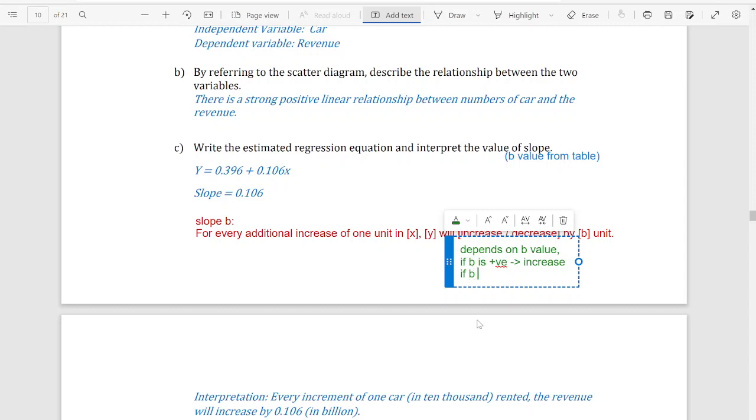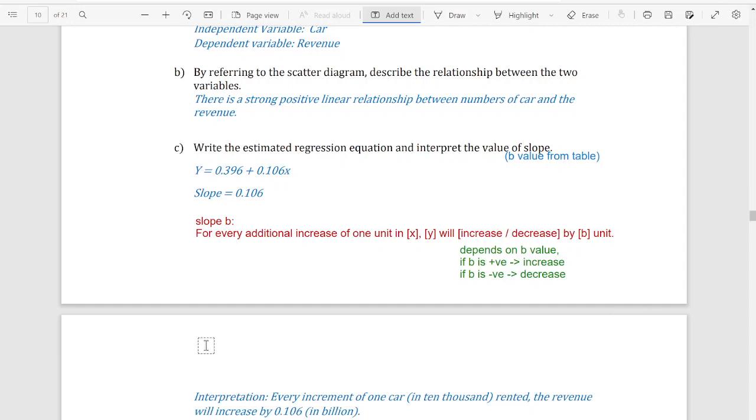If B is negative, then this will be decrease. Okay, so the increase or decrease depends on the value of B. Kalau katakan nilai B tu positif, maka dia akan jadi increase. And if the value of B is negative, then it will be decrease. Okay, nampak? So that is for the slope coefficient.